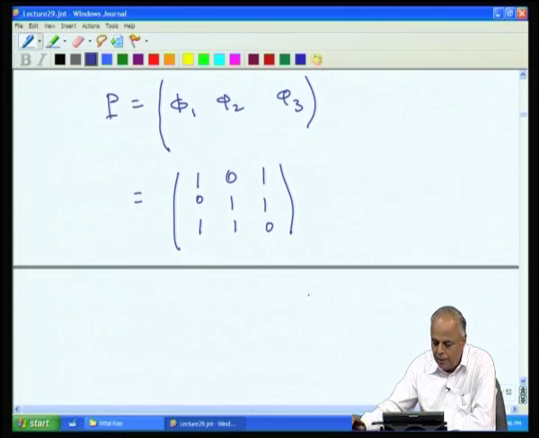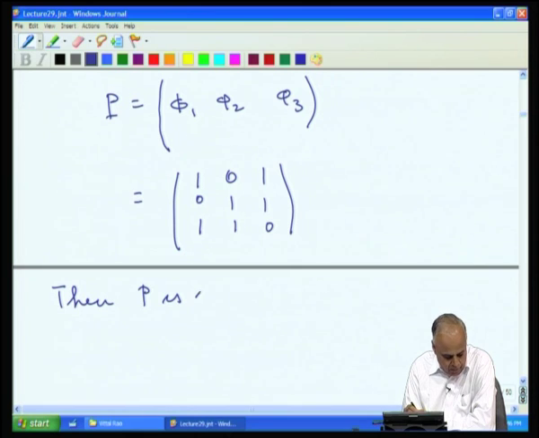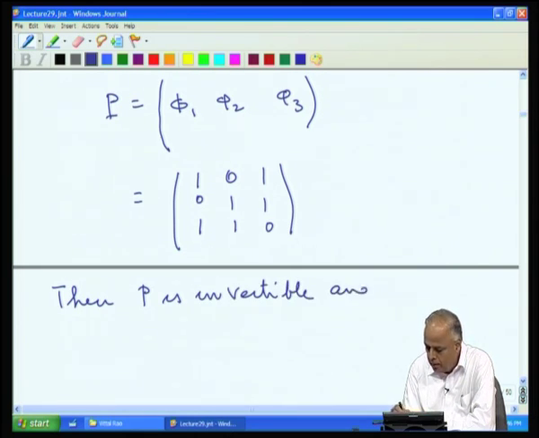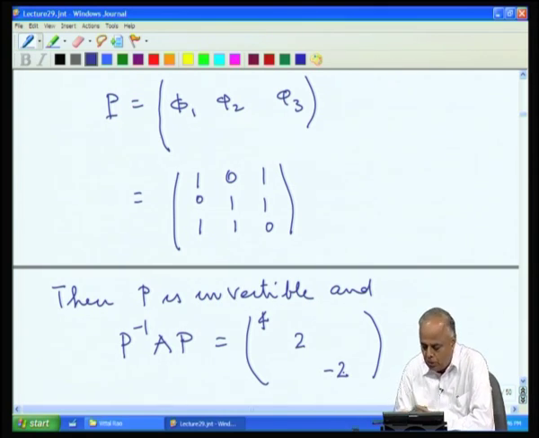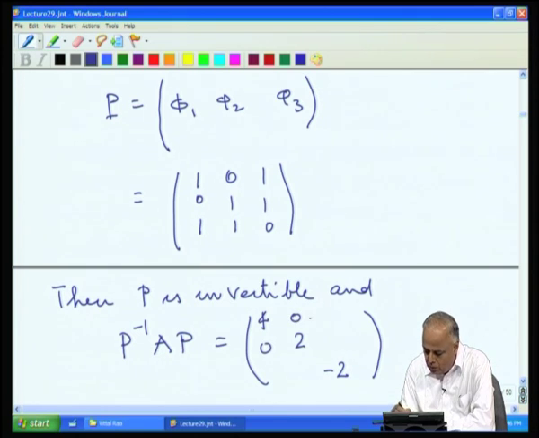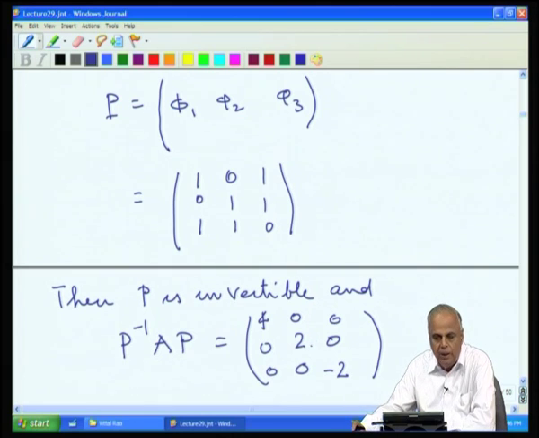If we take this matrix, then P is invertible and P inverse A P will have the first column corresponding to the eigenvalue 4, the second column corresponding to the eigenvalue 2, and the third column of P corresponding to the eigenvalue minus 2. So, these eigenvalues will come in the diagonal and all other entries will be 0 in P inverse A P.